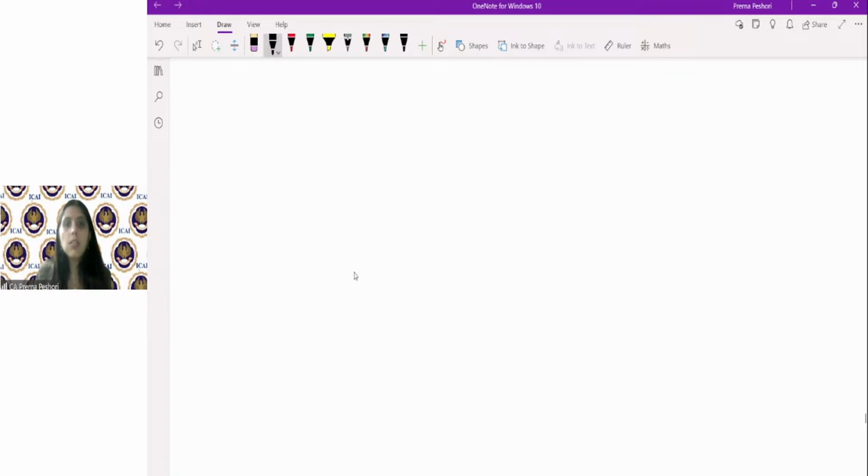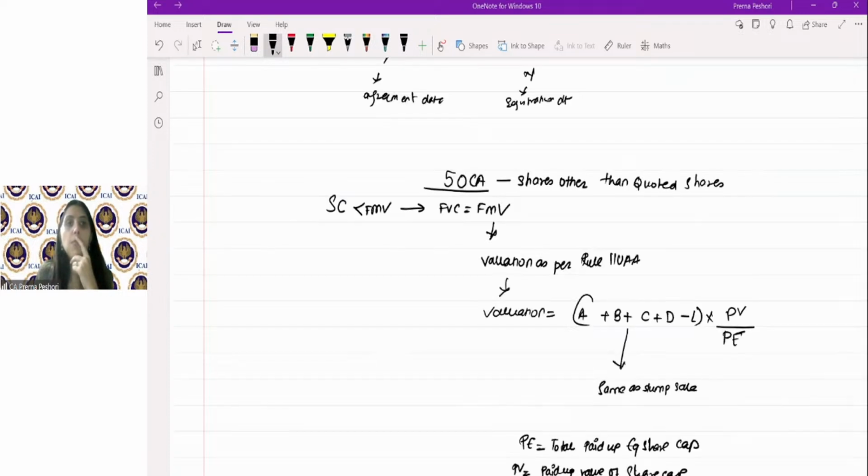The last section under the taxability is 112. But before that, just one more point I would like to highlight for your reference. There is a surcharge applicable on individuals. If you remember, the surcharge is 25% where the income exceeds 2 crores and 37% where the income exceeds 5 crores.